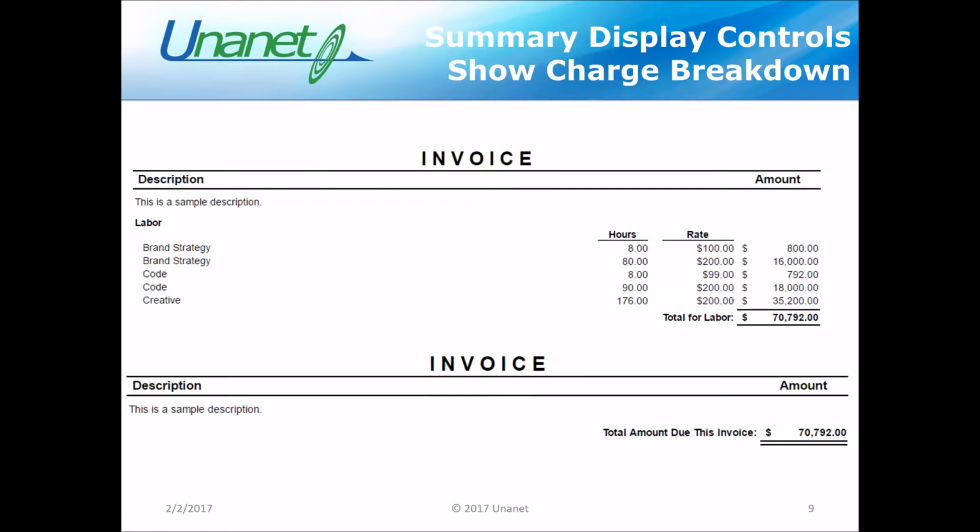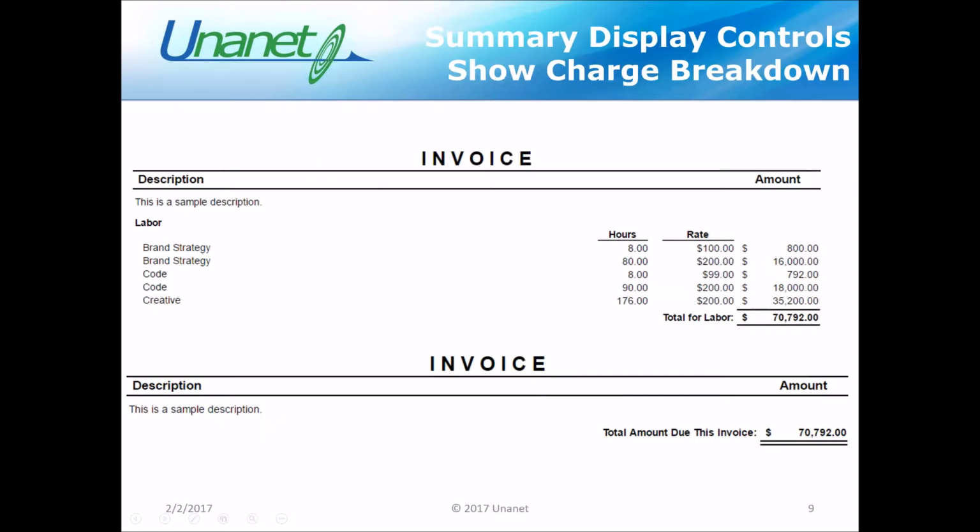And so we're breaking this out by task and by the number of hours, the rate, and then a total over here. Now, if we did not have that show charge breakdown checked, we just get that one line that shows a total. So that's first how we're going to be able to show detail, by having that show charge breakdown checked.